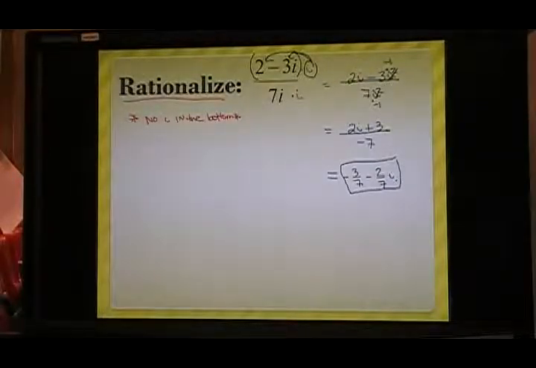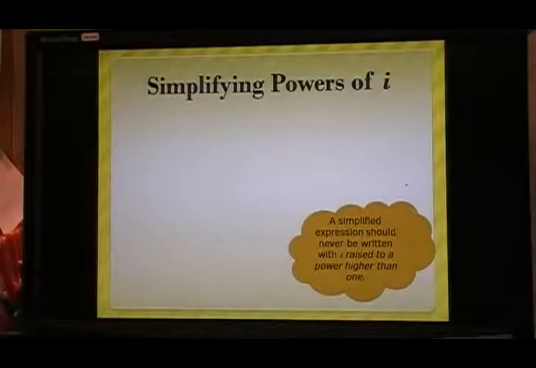And the last topic that we want to talk about in this section is simplifying when we have powers of i. Okay, so we've already said if you have an i, you want to leave an i, right? And if you see an i squared, you want to write that as -1. The question now is, what do you do if it's i to a power higher than 2?